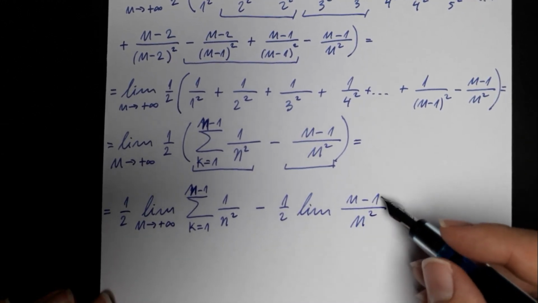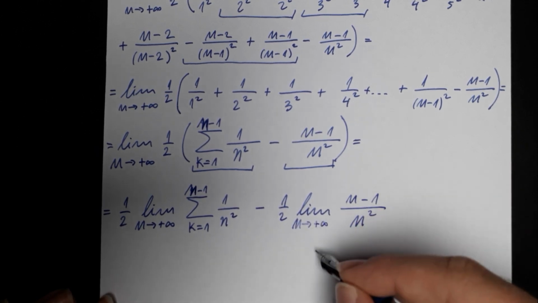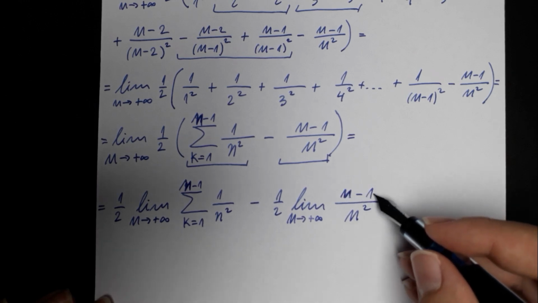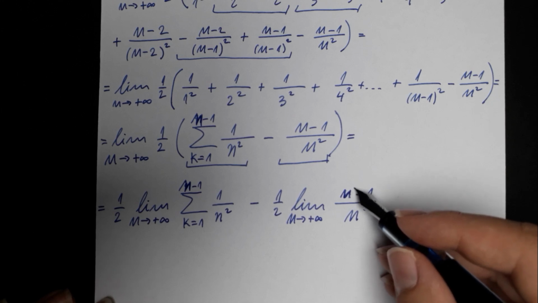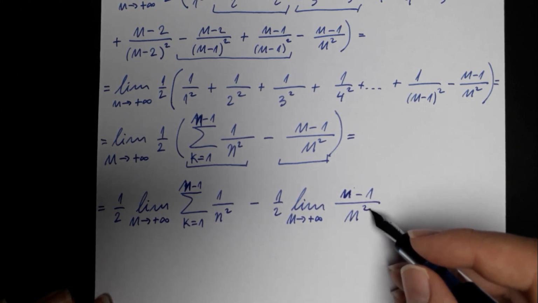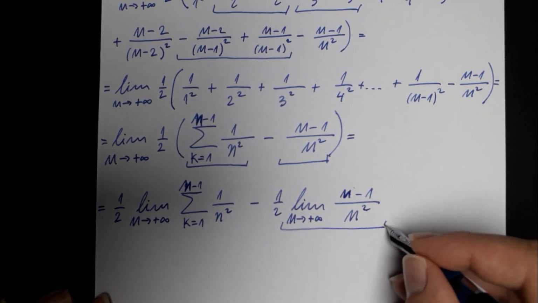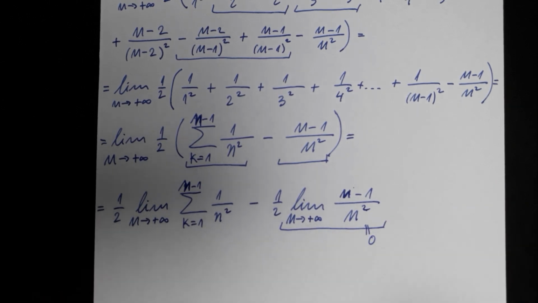In the numerator we have m minus 1, so the degree of m is 1 here, and m approaches infinity from the positive side. And in the denominator we have m squared, the degree is 2. So this entire part is going to approach 0 when m approaches infinity.